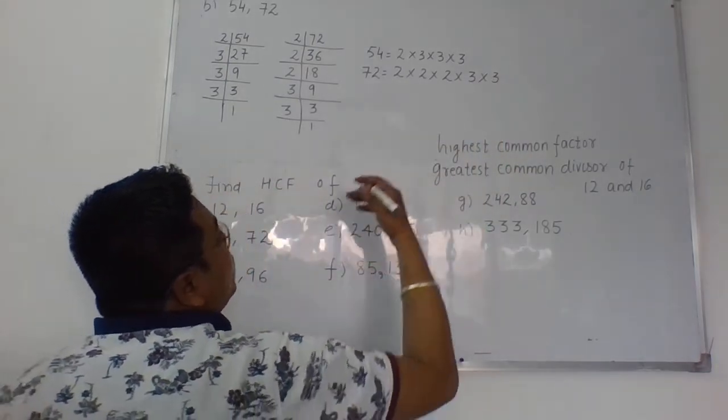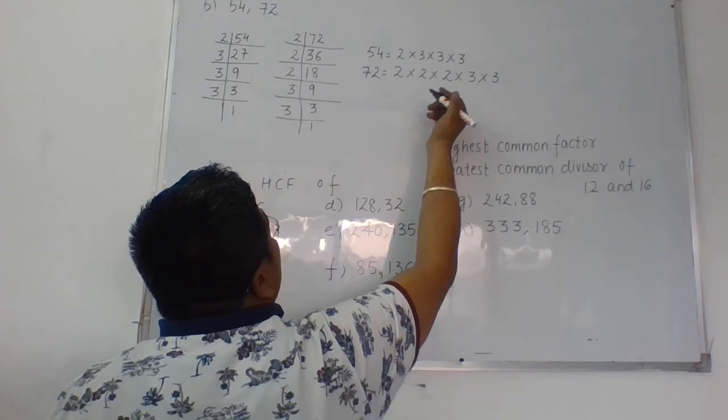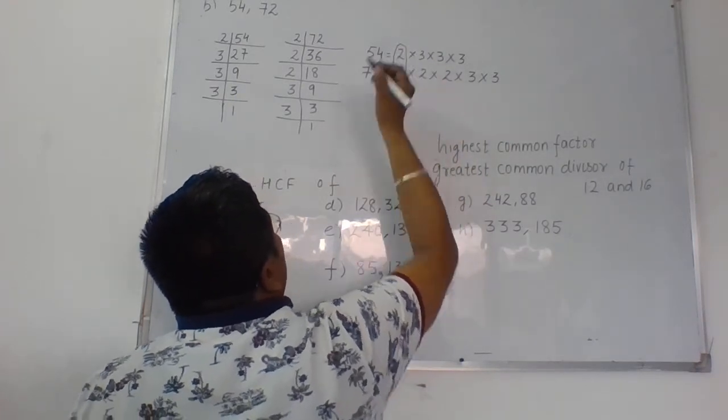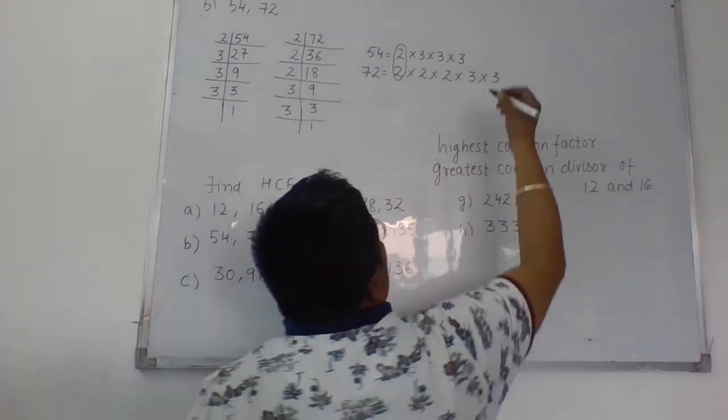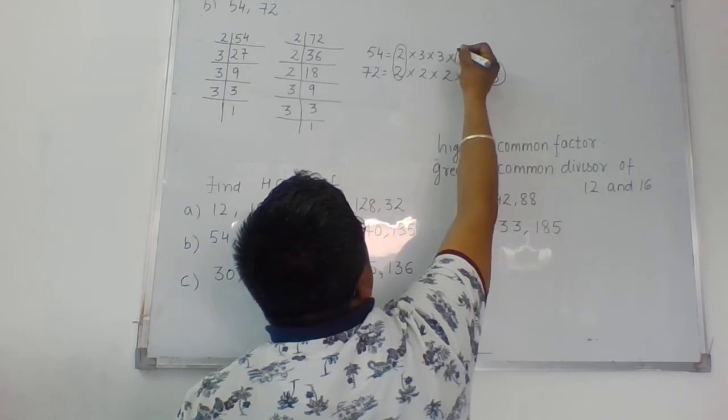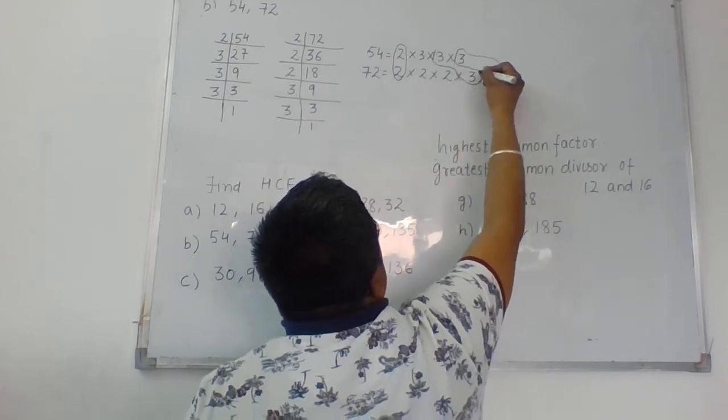Now we have to check what are the common prime factors, and we have to encircle them. So this 2 is common with this 2, and this 3 is common with this 3, and this 3 is common with this 3.